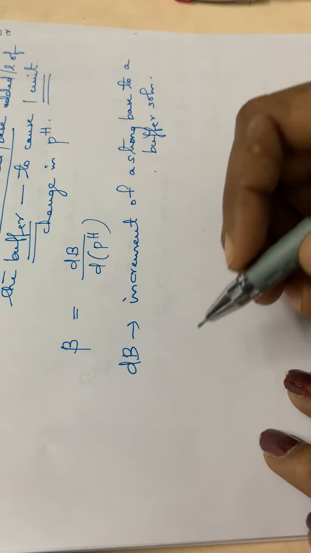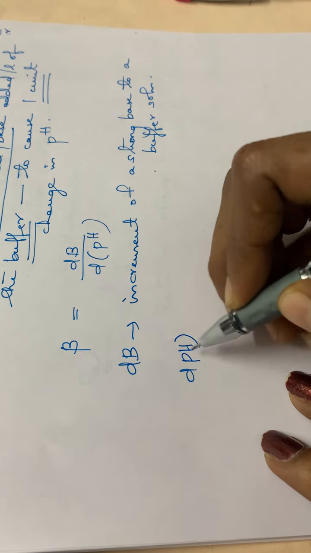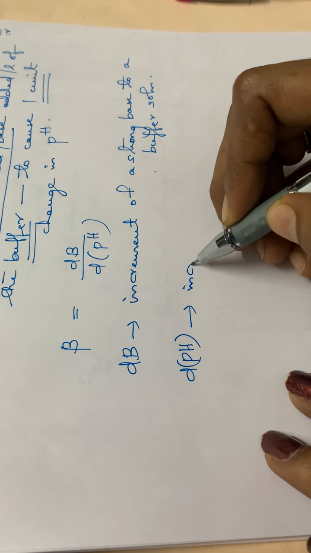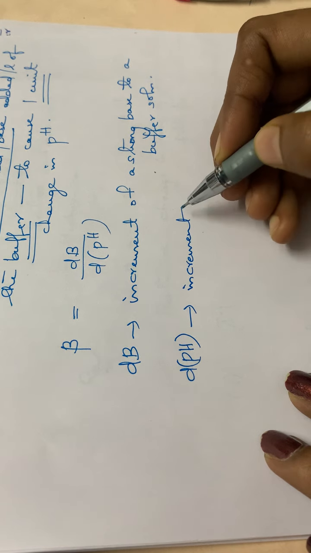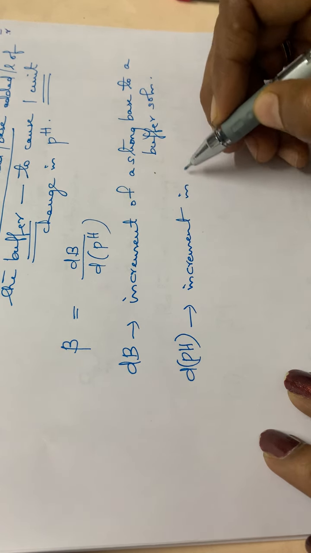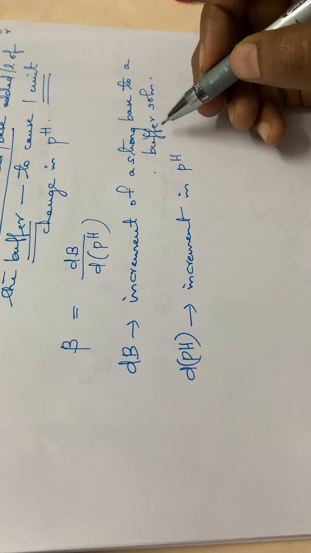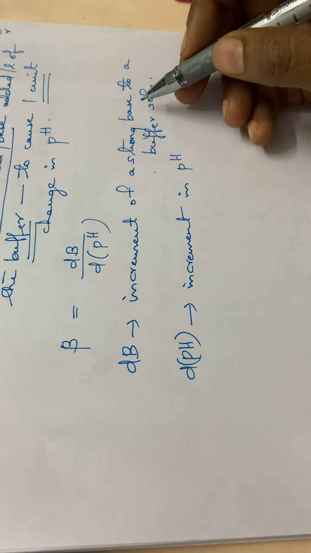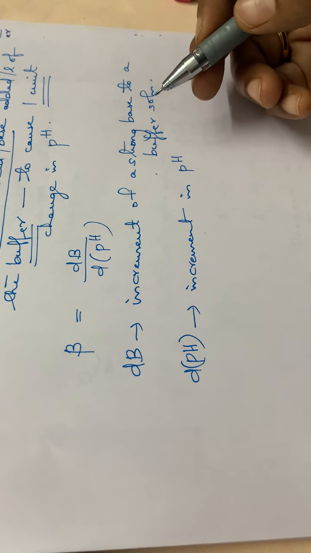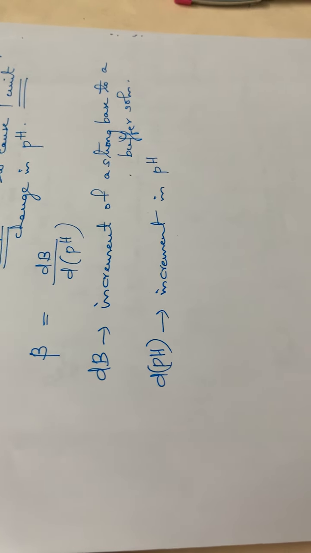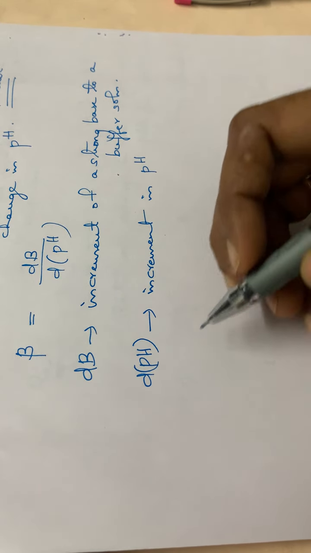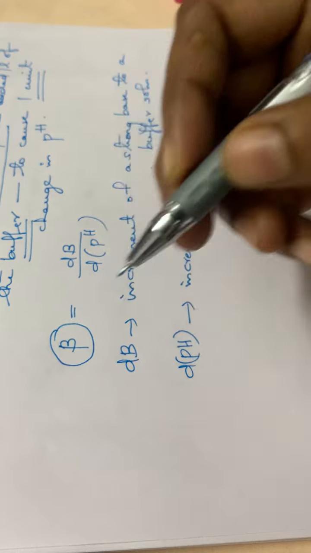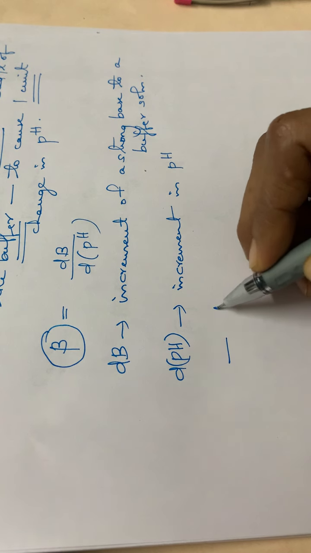And again, what about dpH? dpH means it is the increment in pH of the solution while we are adding such an amount of a strong base to that particular solution. And usually the buffer index, beta, will always be a positive quantity.